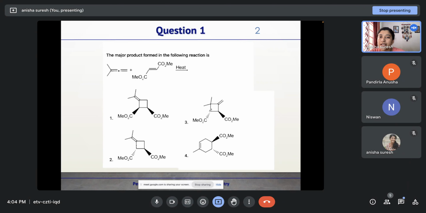Like what sort of reaction is taking place here? Is it Diels-Alder reaction or is it 2 plus 2 cycloaddition? Hello?